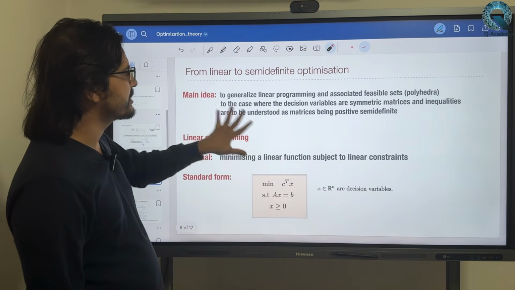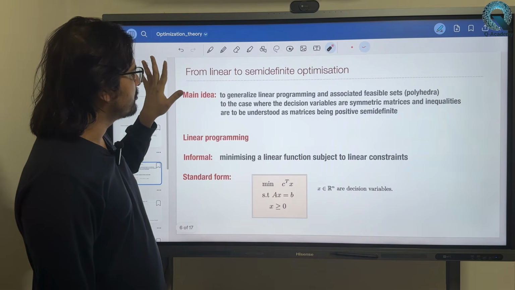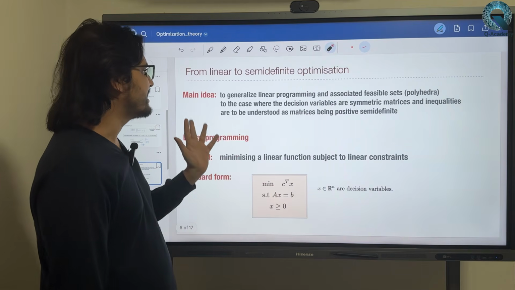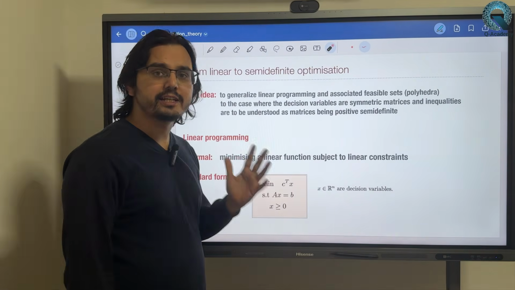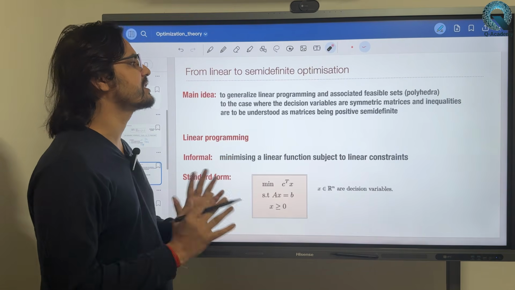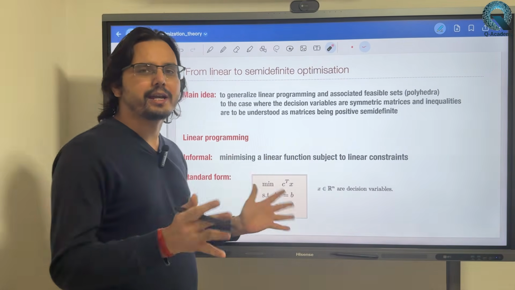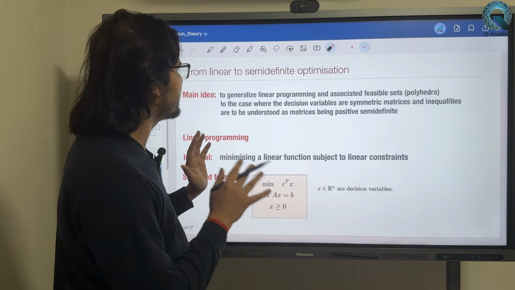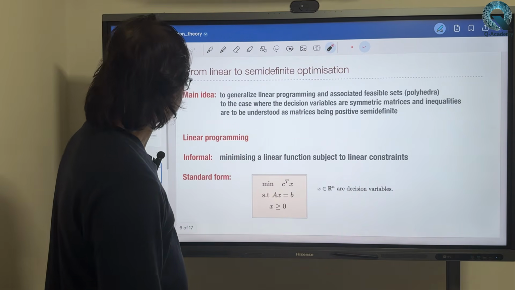So you can think of semi-definite programming as a generalization of linear programming, where we consider the decision variables as symmetric matrices, and all the inequalities are matrix inequalities. There is more detail to it which we will discuss now.